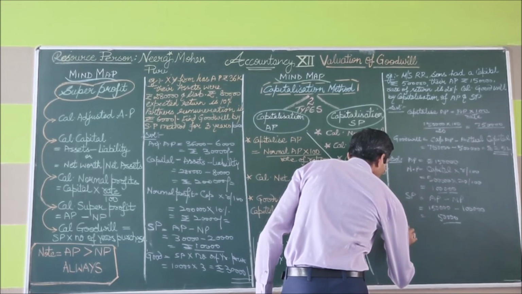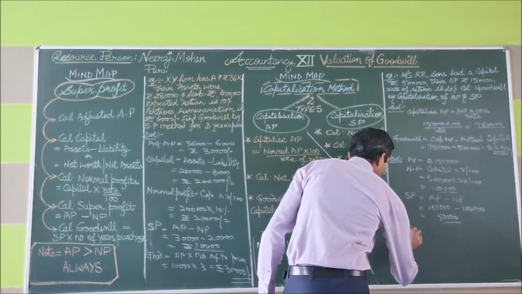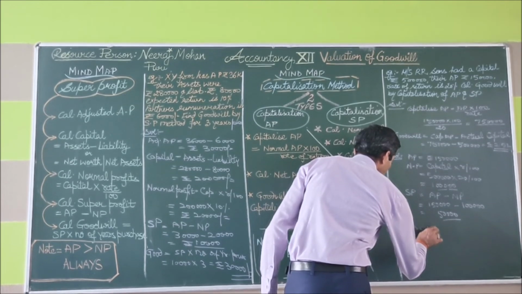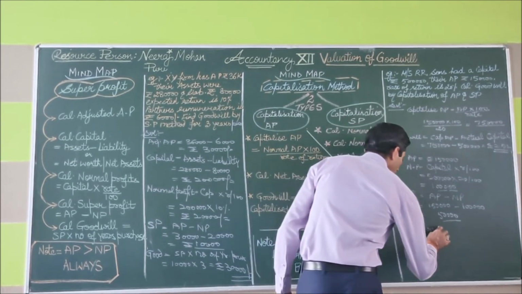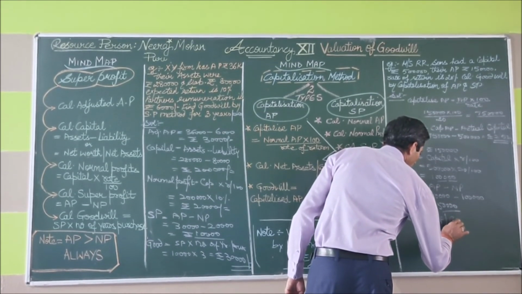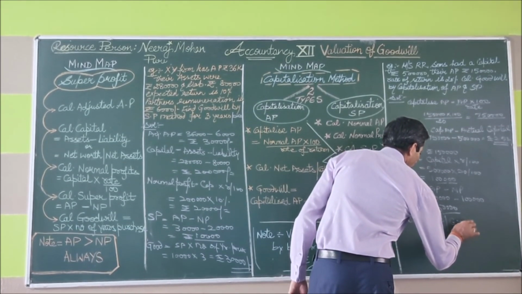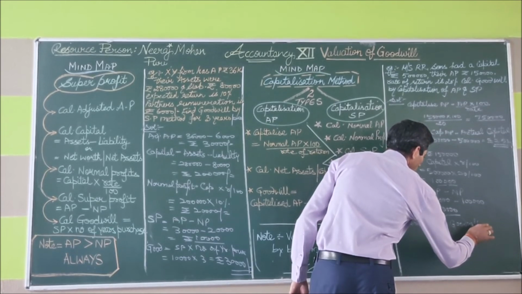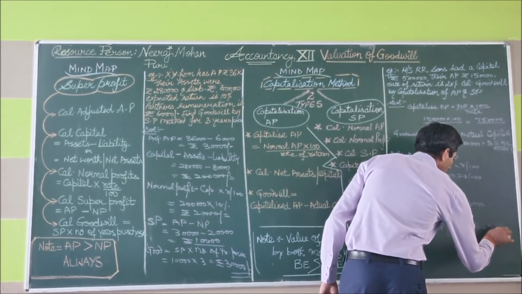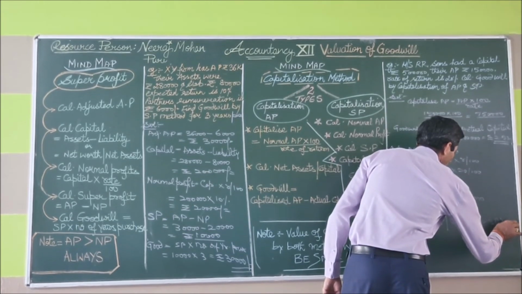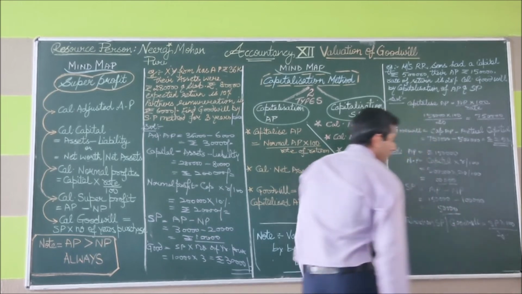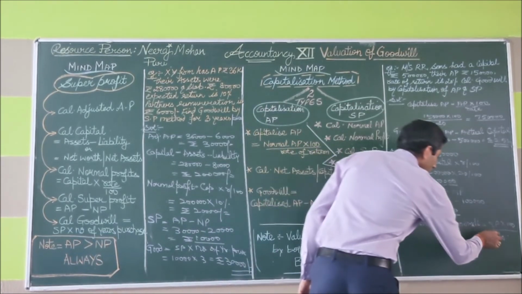And the last step is capitalization of super profit. Capitalization of super profit is equal to goodwill. It is one and the same thing. Formula for this is super profit multiplied by 100 and divided by rate of return, which is given as 20. Substitute the values.